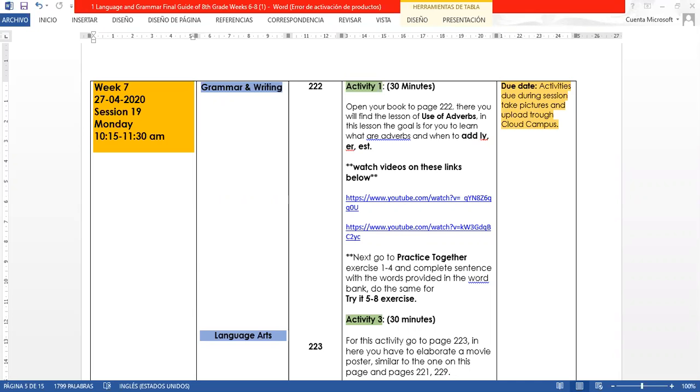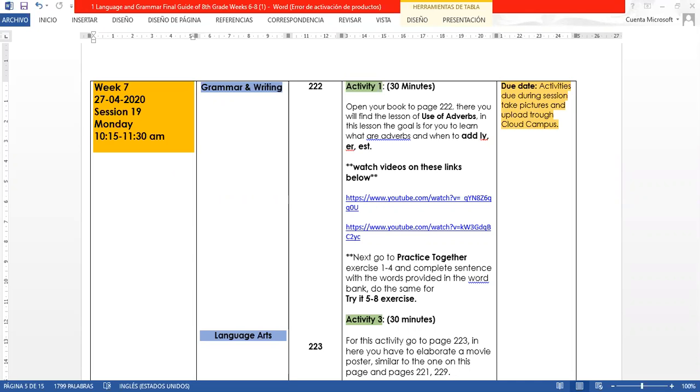It says, read each sentence, write an appropriate adverb from the box on a card, fold up the card as you say the sentence. And remember, I was telling you in the meeting we had previously that if you want to do this exercise, you can do it. Of course, this is better if we do it in class, but if you want to do it at home, it's good. If you don't, then you can go directly to the exercise.